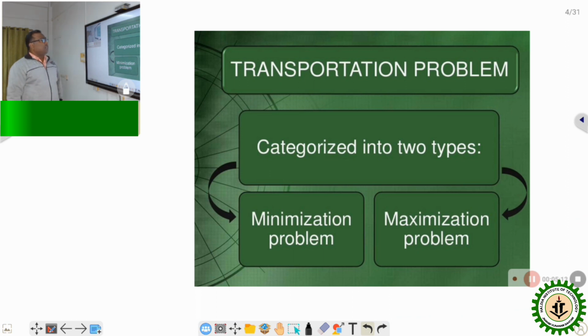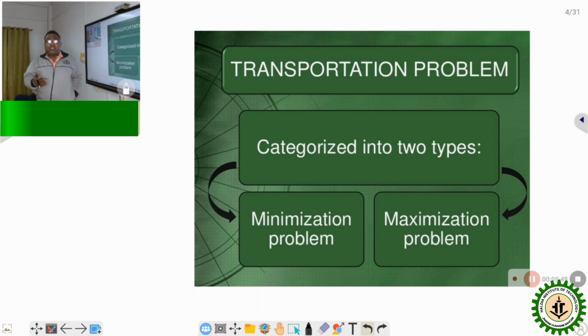Now, the transportation problem is of two types. One is called the minimization problem, another is the maximization problem. As I told you earlier, if the transportation cost per unit for transporting some material from one place to another is given, then as the person spending the money, our aim will be to minimize the transportation cost.